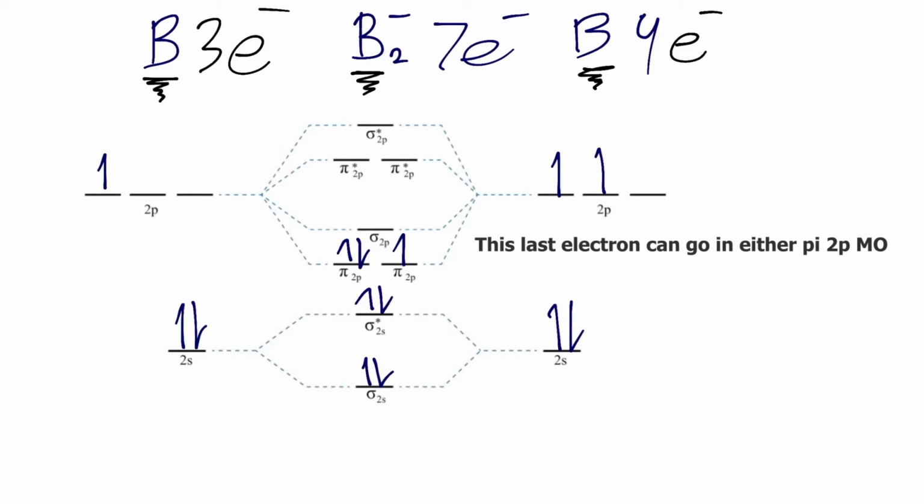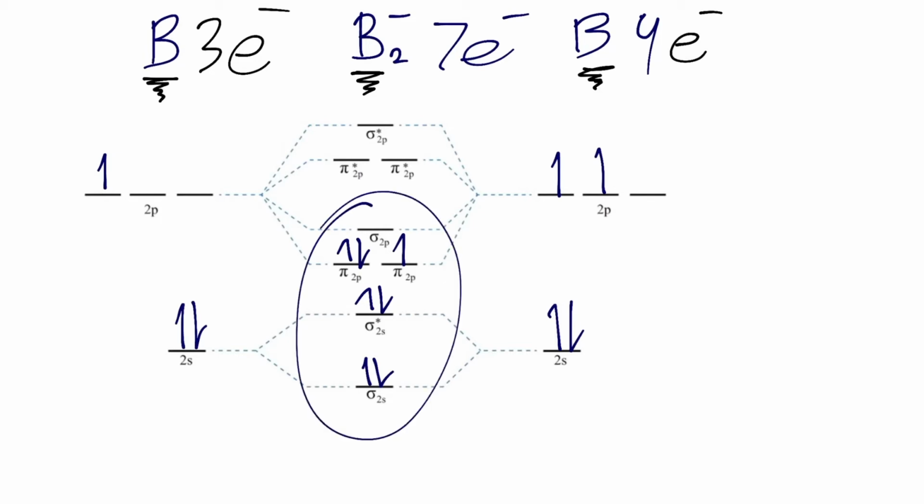And there's your completed molecular orbital diagram for B2-. Note here that we have 7 electrons in total filling up these molecular orbitals, which aligns correctly with our number at the top, which is always set forth in the beginning. The total number of electrons always has to be conserved.